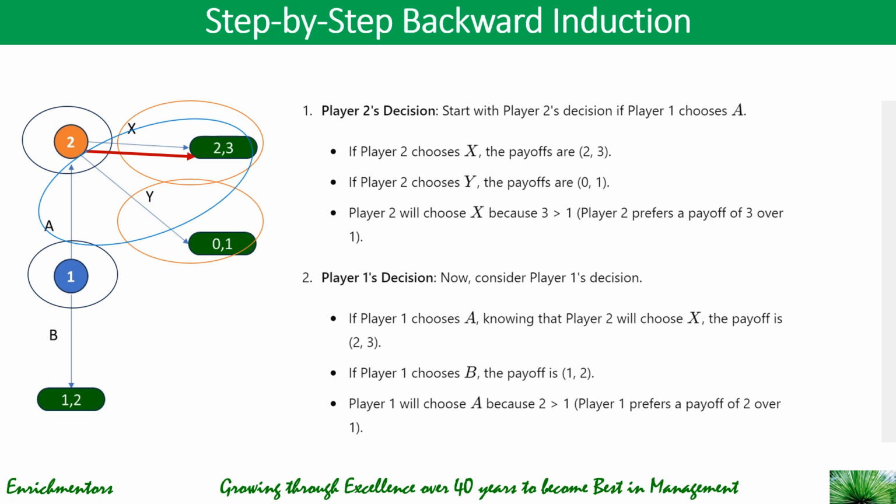And if player 1 chooses B, the payoff for player 1 is 1. So for player 1, the payoff is higher if he chooses A, right? So that becomes the choice of player 1. So player 1 will choose A and player 2 will choose X, given that they're both rational decision makers. And that's how you use backward induction to determine the optimal path.